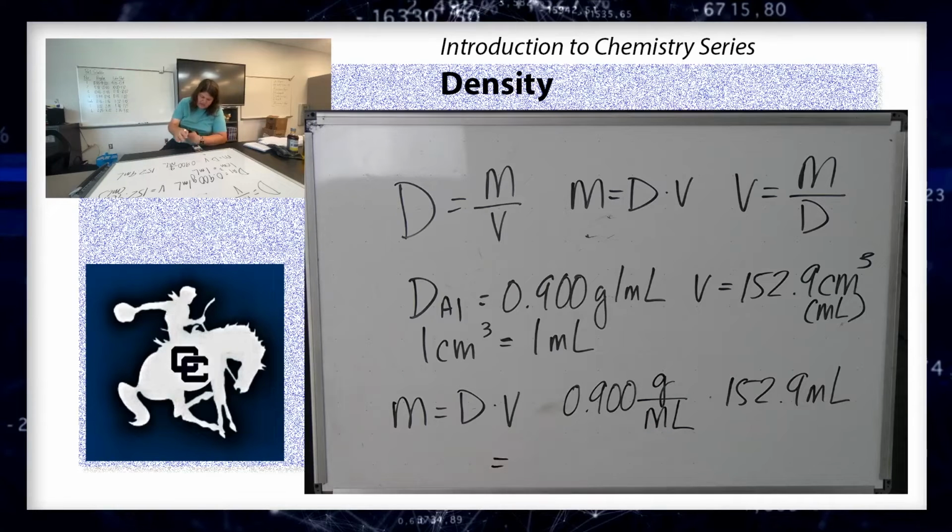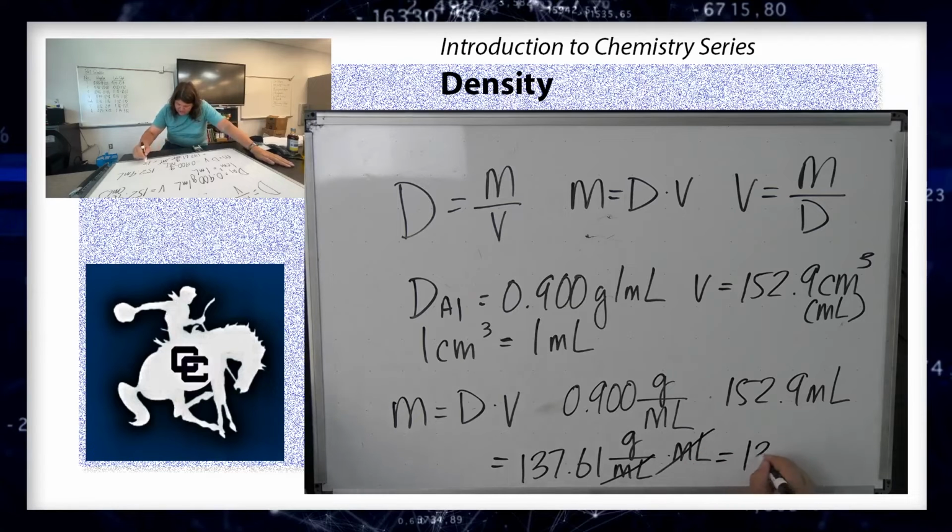When I go ahead and I solve, multiplying 0.900 grams per milliliter times 152.9 milliliters, I get 137.61 grams over milliliters times milliliters. You might notice that the milliliters are at the top and bottom, so they cancel. That means I have a final answer of 137.61 grams of aluminum. Notice quantity, unit, and label.